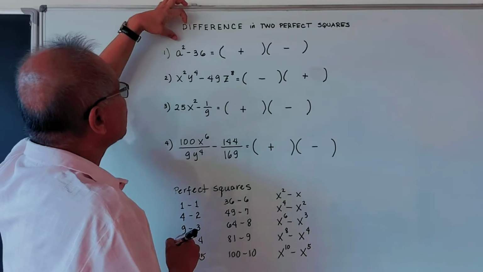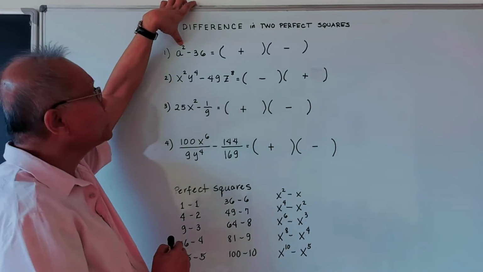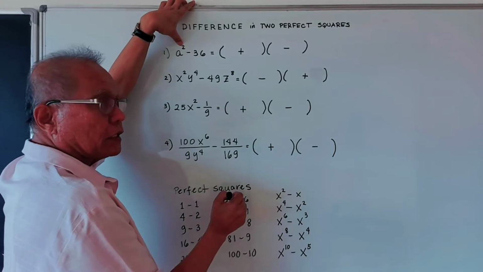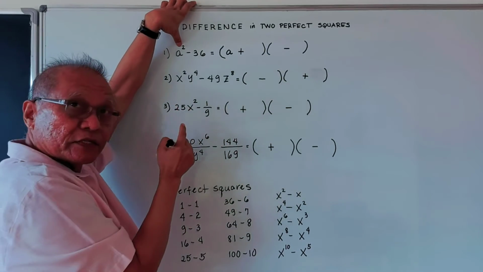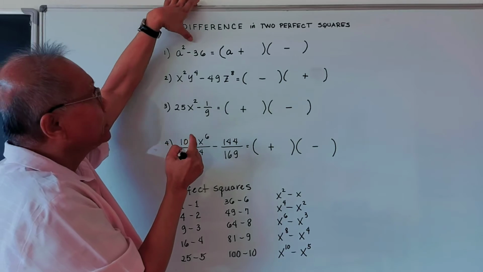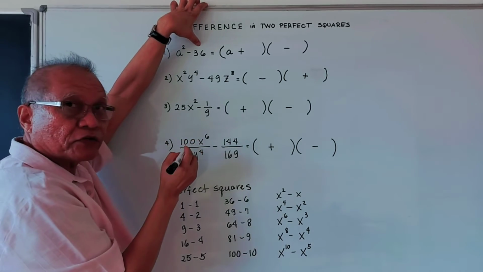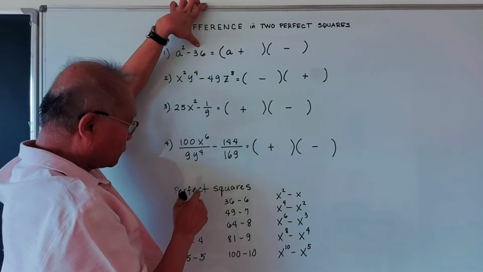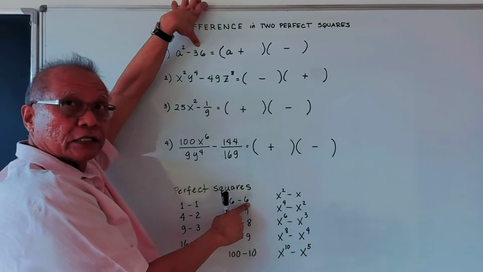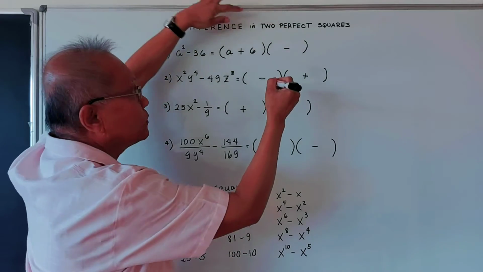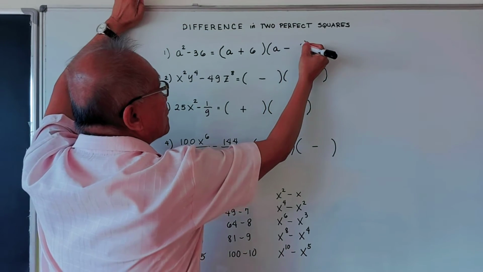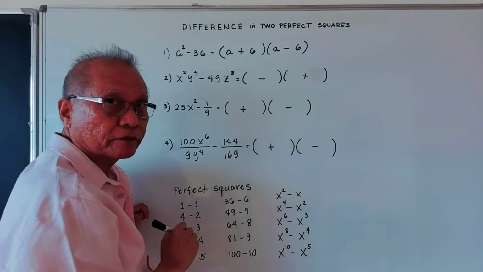Now we take the square root of a squared, that's a only. A times a is a squared. Then take the square root of the second term, 36. The square root of 36 is 6. So we write 6 here, and then we just copy, a plus 6, a here and 6 here.